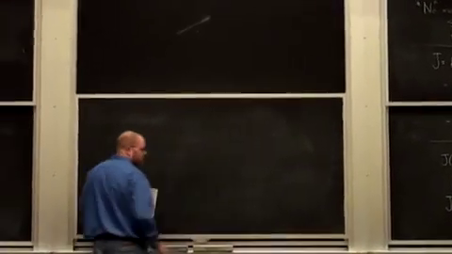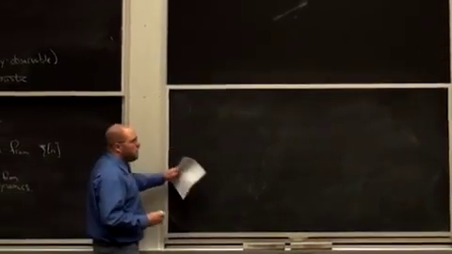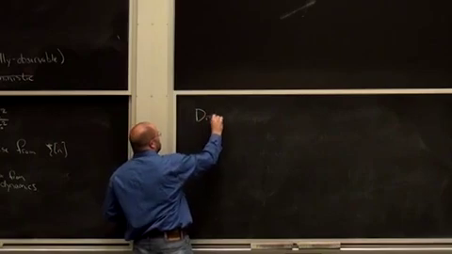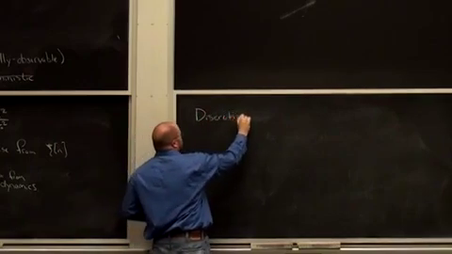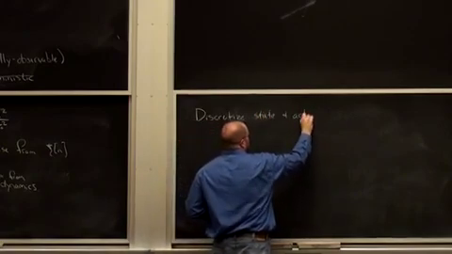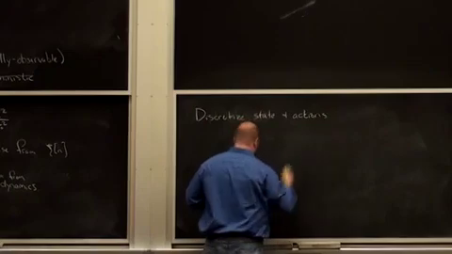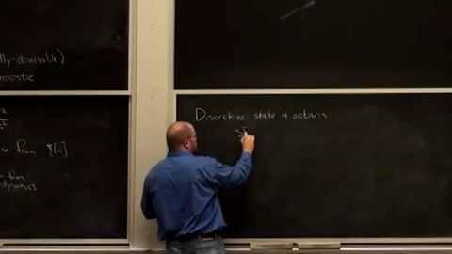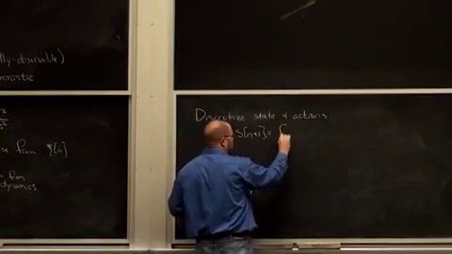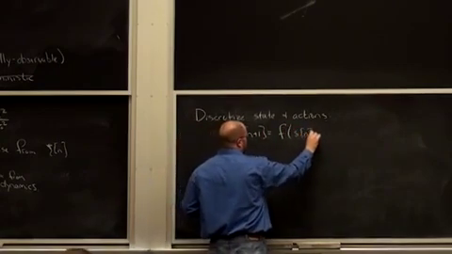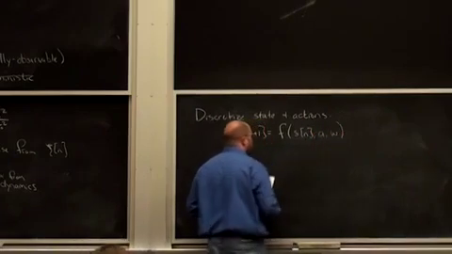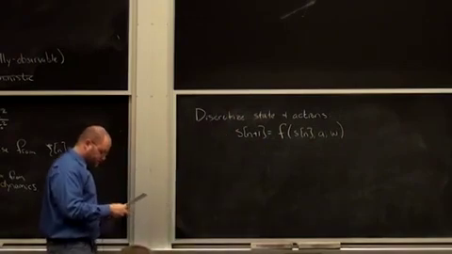The nicest way to see how to implement that is let's go ahead and, we've already discretized time, let's discretize state and actions. So now I have s_{n+1}, remember I switched to s's and a's when I discretize things, is now f of s_n times some action times my noise.